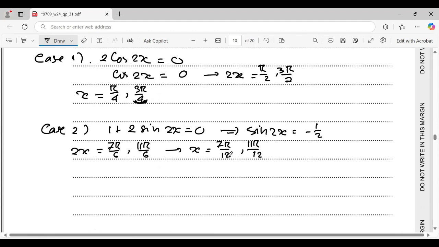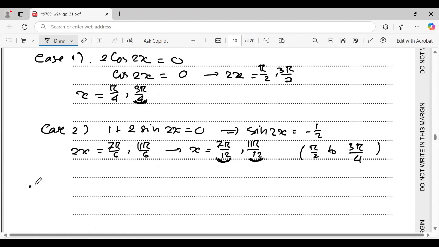Now this 11 pi over 12 does not lie between the interval pi half and 3 pi quarter. Only this one, 7 pi over 12.